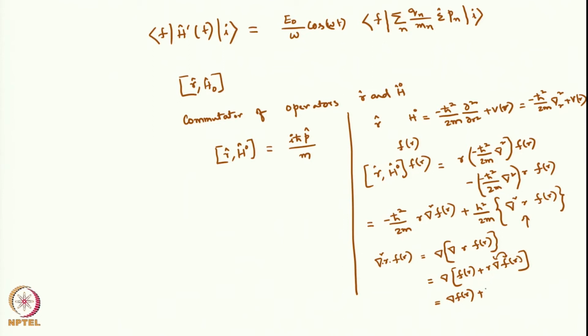So, you will get del f of R because that is 1, plus del acting on del f of R gives R into del squared f of R.